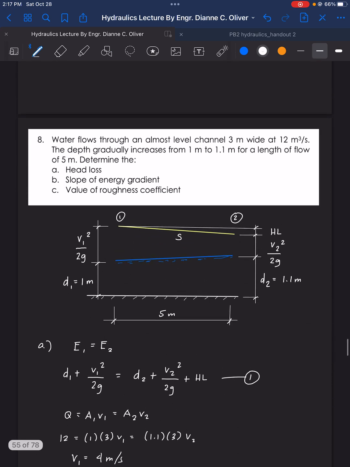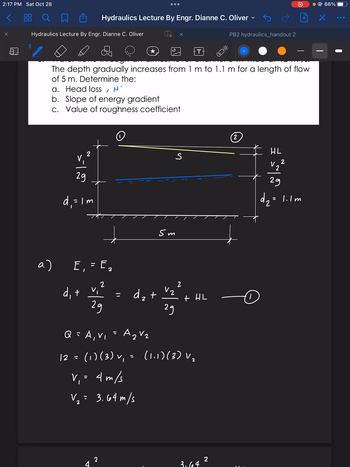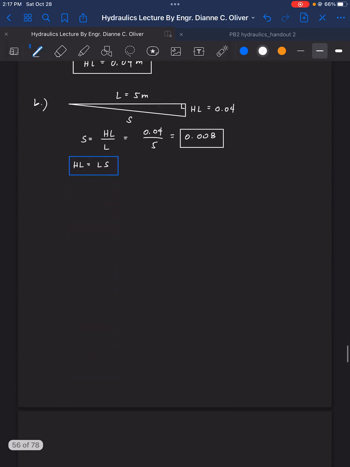Now for letter C, what is the value for the roughness coefficient n? So this is head loss, slope, and then this is n. Manning's formula: V is equal to 1 over n times R raised to 2/3 times S raised to 1/2. Now how do we get the value for R? V average equals 1 over n times R average raised to 2/3 times S raised to 1/2.